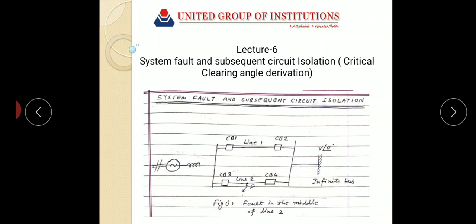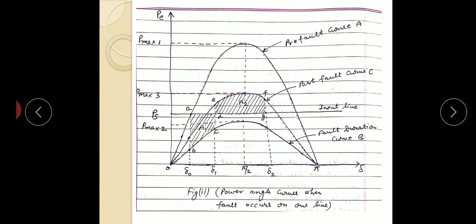So, very important line: the maximum value of time allowed for protective gear to operate without loss of stability is called the critical clearing time, and the torque angle corresponding to this time is called the critical clearing angle. So, very most important: critical clearing time and critical clearing angle.